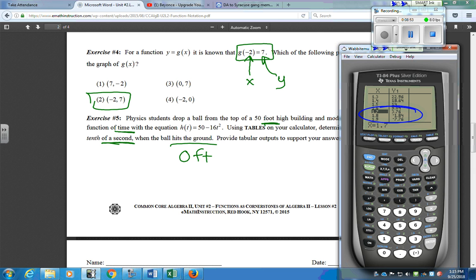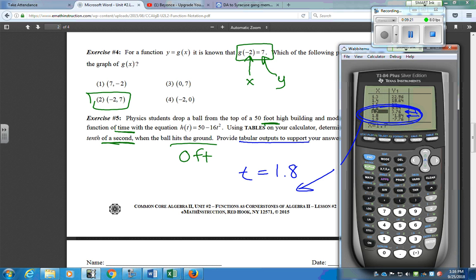For time, it's going to be 1.8, because if you can see my table, 1.7 is over 3, but 1.8 is within 2. So t is 1.8, and then you would write down some of this table as your work, because it says to provide outputs in the table to support the answer.